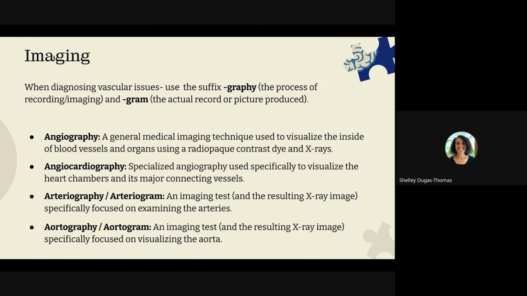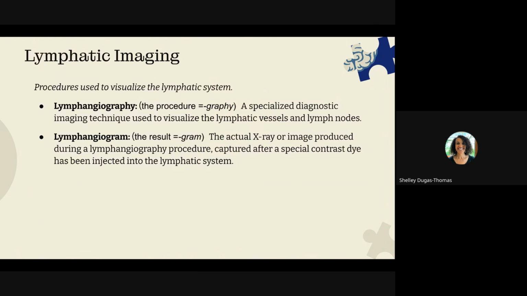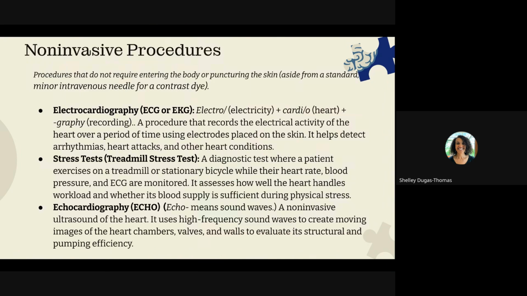Arteriography is specific x-ray of the arteries, and aortography is specific x-ray of the aorta. The same rules apply to the lymphatic system: the actual procedure, the process of taking the image, or the gram, which is the actual image itself.